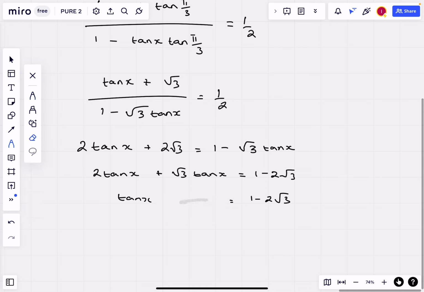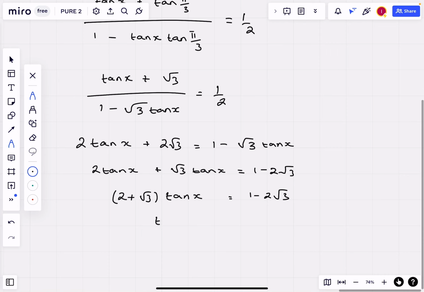Let me write it like this, just so it's not confusing. And now you can divide by, 1 minus 2 root 3 over 2 plus root 3, like this.